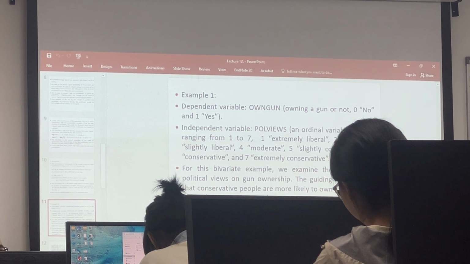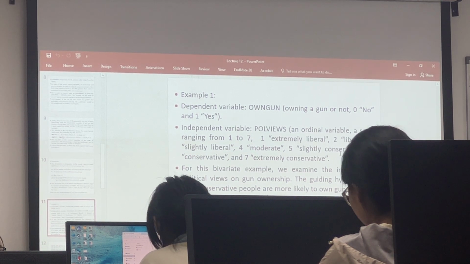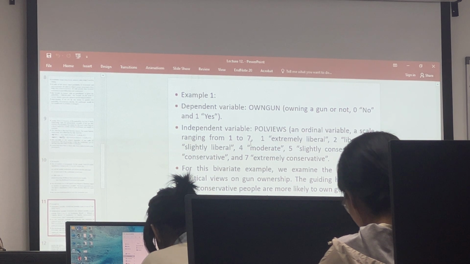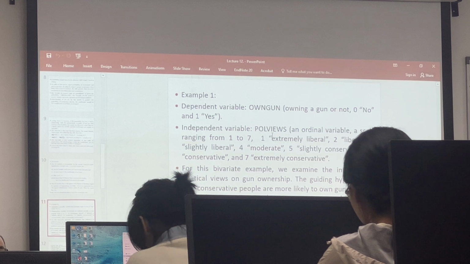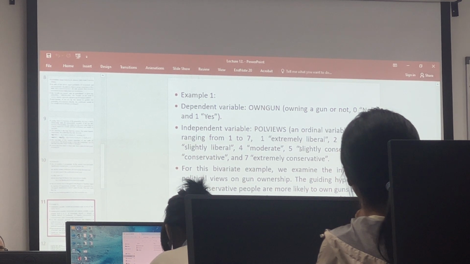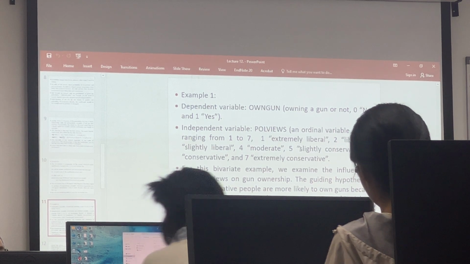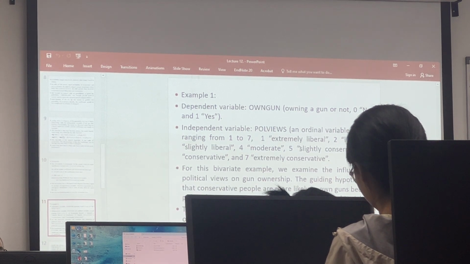and 7 extremely conservative. So basically here we want to predict the probability of owning a gun based on the respondent's political views, that is, how each level of political views influences the probability of that person owning a gun.